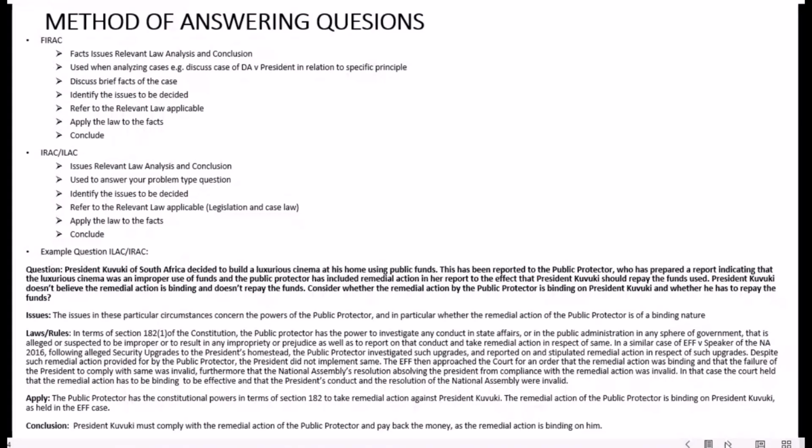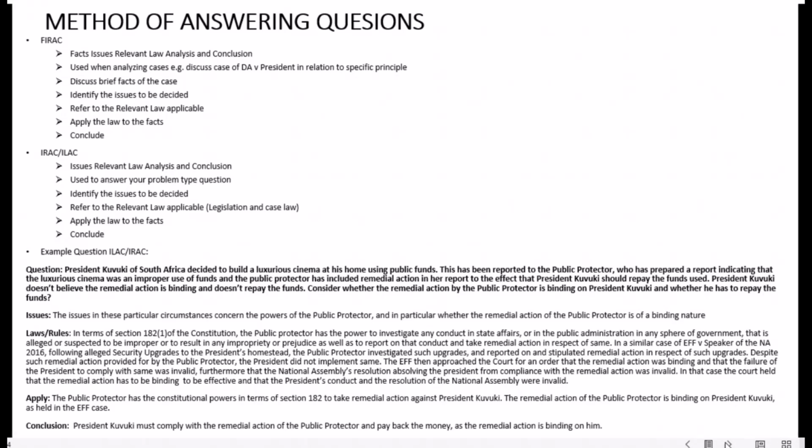You would say, in this case, so and so approached the court because of this and this. You just give a brief outline of the facts of the case. You don't go too in depth because it does tend to take a lot of time, and before you know it, you've spent too much time on facts and you haven't gotten to the gist of your answer. So just a brief summary of the facts of that specific case.